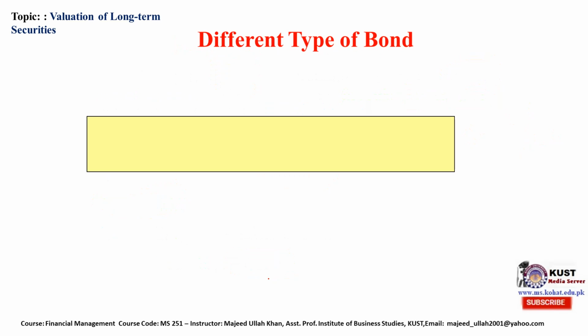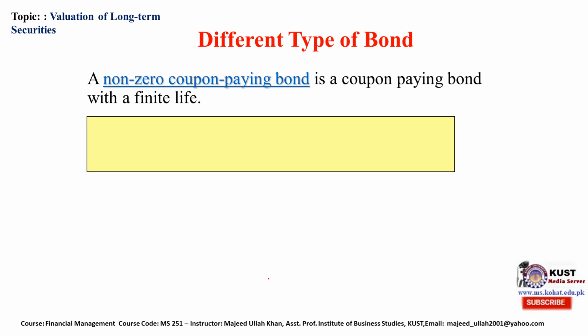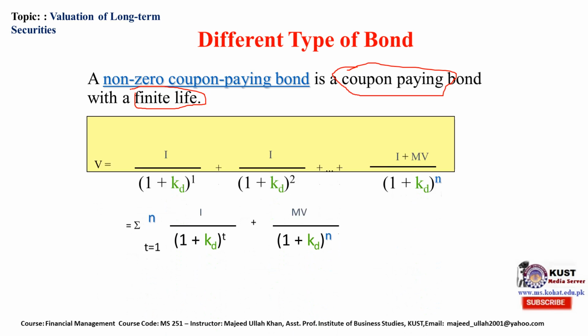Moving further, a different type of bond, that is a non-zero coupon paying bond, a coupon paying bond with finite life. This bond basically provides you a coupon. It is the same as a perpetual bond, but it has a finite life. A perpetual bond has an infinite life.